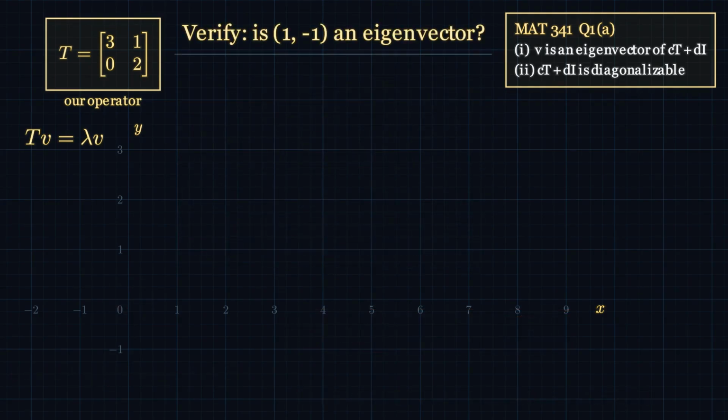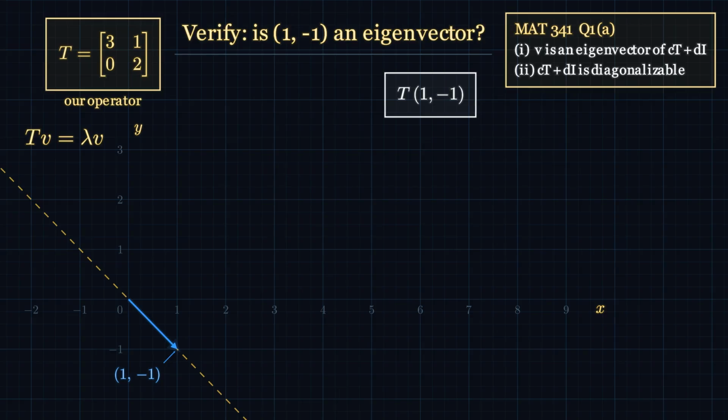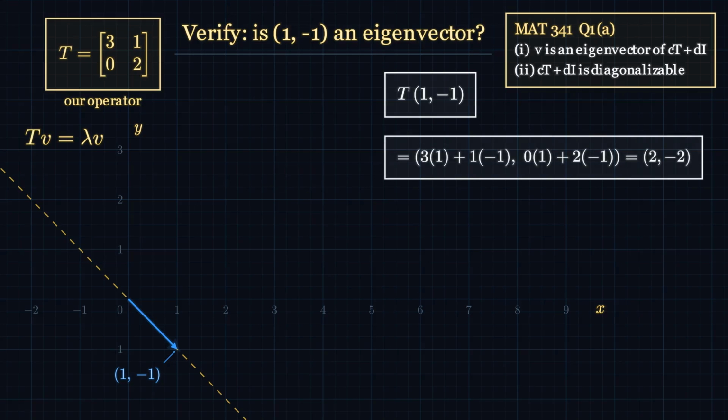Now we verify an eigenvector by hand, and you write every line with me. Claim: the arrow to 1, negative 1 is also an eigenvector of our operator. Write line 1. T applied to the arrow 1, negative 1. Compute it with me. Top entry, 3 times 1 plus 1 times negative 1, which is 2.